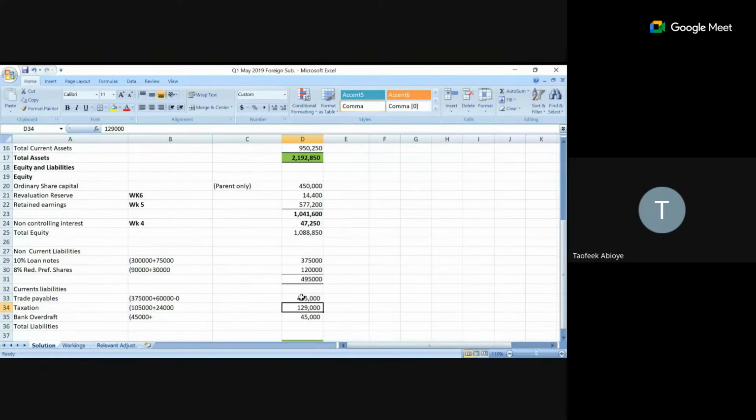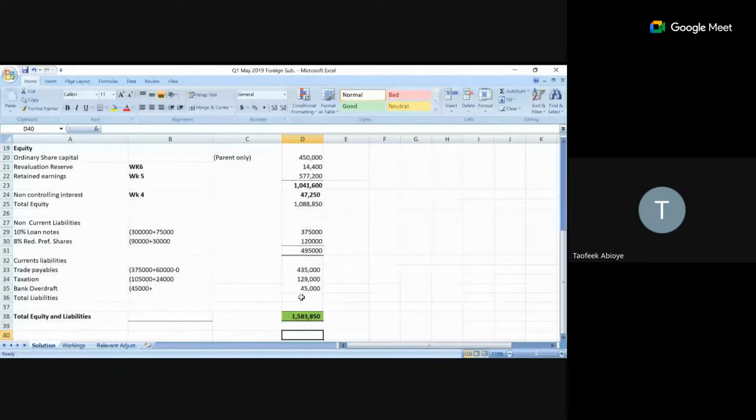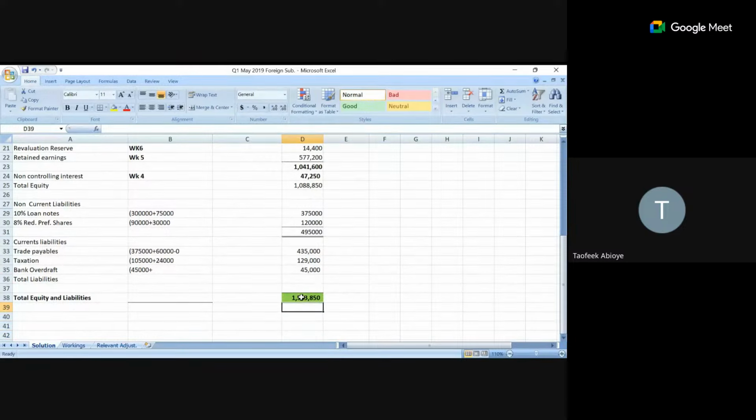So that is our equity and liabilities. Now, excuse me, please. Now let's do this. This is our equity plus non-current liability.